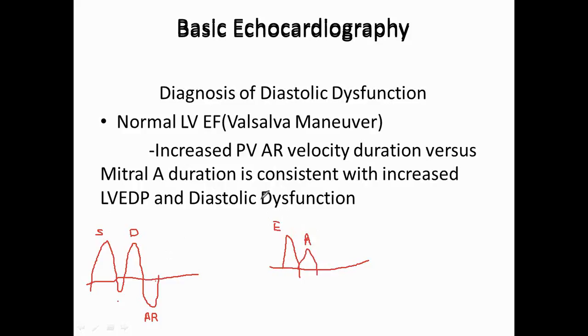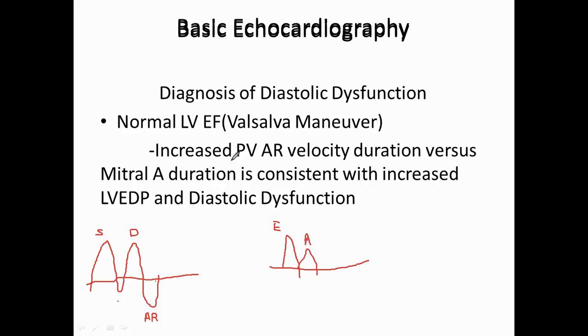So again, with Valsalva maneuver, if you have a pseudo-normal pattern, then with the strain phase of the Valsalva maneuver, the E velocity is going to get smaller, okay? And if the patient really has diastolic dysfunction and elevated filling pressures, then the E to A ratio will decrease by more than 50%.